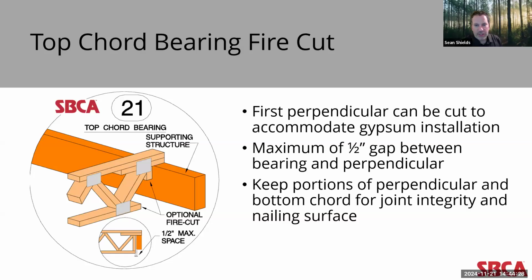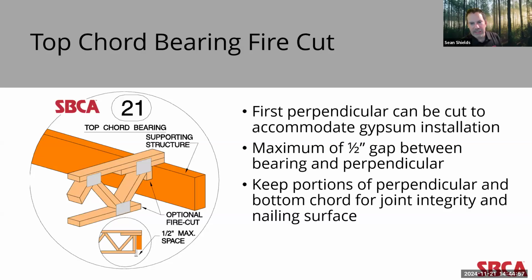Because these trusses are top chord bearing, you still want to maintain that maximum half-inch gap. And part of that is you're going to keep sections of that perpendicular web as well as portions of that bottom chord. And you keep those portions for a couple of reasons. One is it makes it easier to know that you're maintaining that half-inch gap.